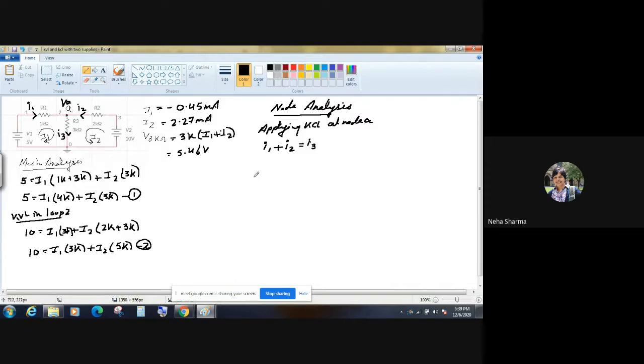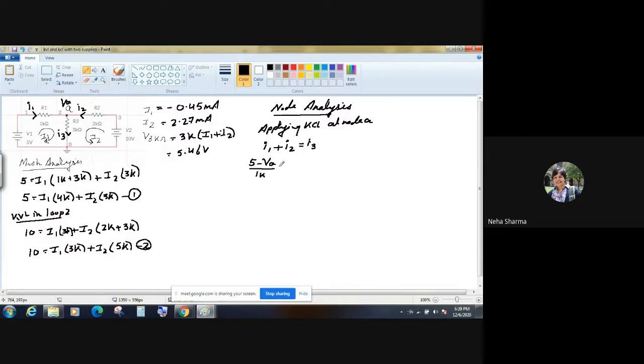So if I want to write an equation for I1, it will be given by V1, which is 5, minus VA divided by 1K.